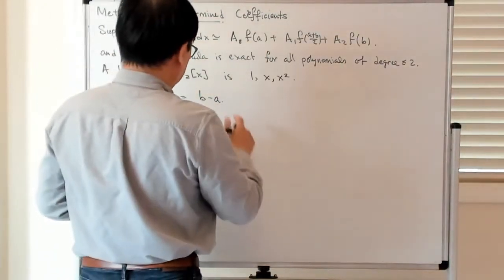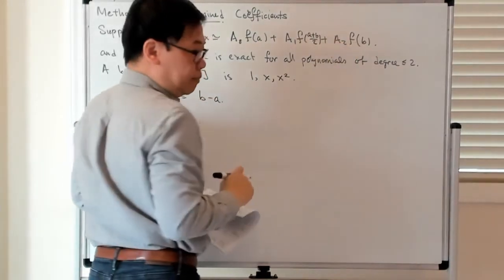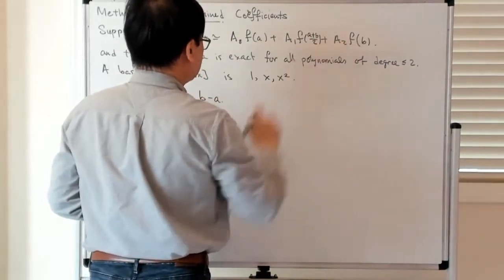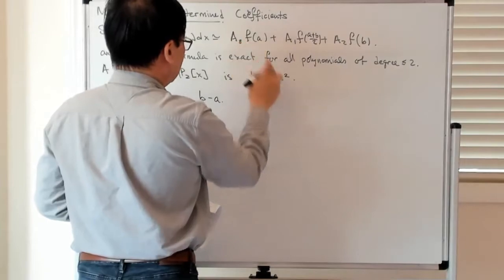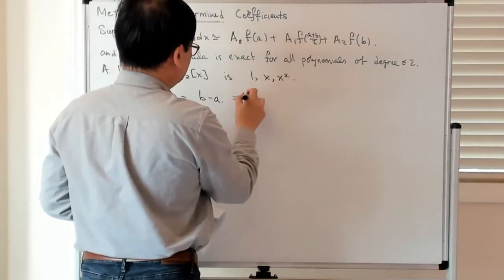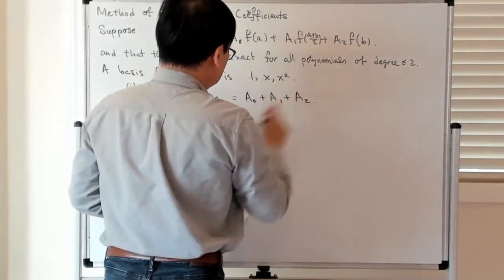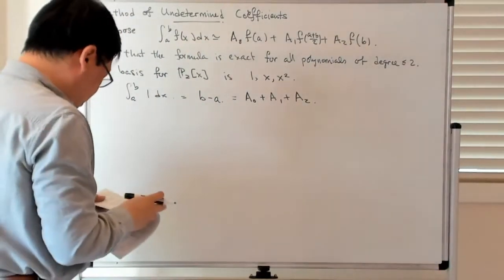Then I'm going to apply the quadrature formula given on the right hand side. So f of x is going to be identically 1, so this is going to be equal to a0 plus a1 plus a2. So that's one equation right there.